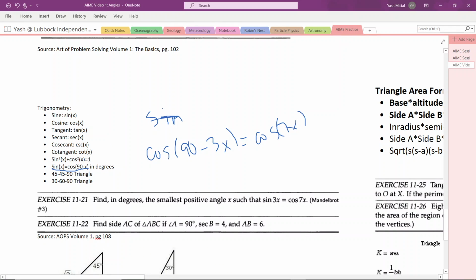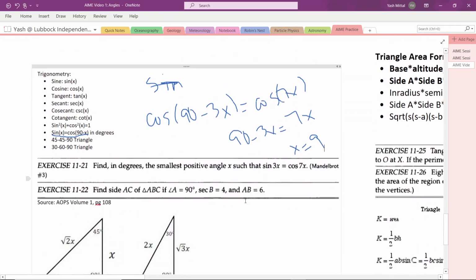Now we have cosines on each side, so the numbers inside the parentheses must be equal to each other. So 90 minus 3x is equal to 7x, which gives 90 equals 10x, and 90 divided by 10 gives x equals 9. So the smallest positive angle x is 9 degrees.